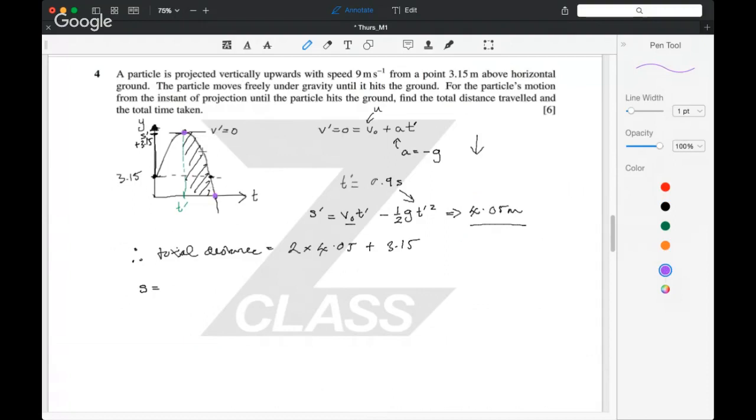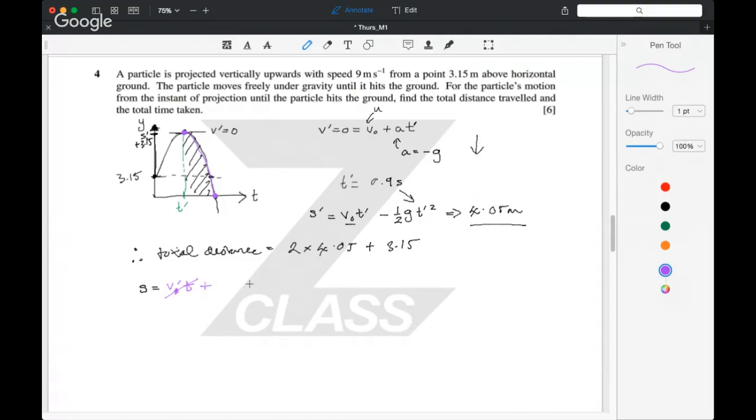So not the total distance traveled, but just from the top to the floor, which is going to be 4.05 plus 3.15, so this distance. We have that this distance is equal to initial velocity, which is v prime, times t. Well, that's just 0.